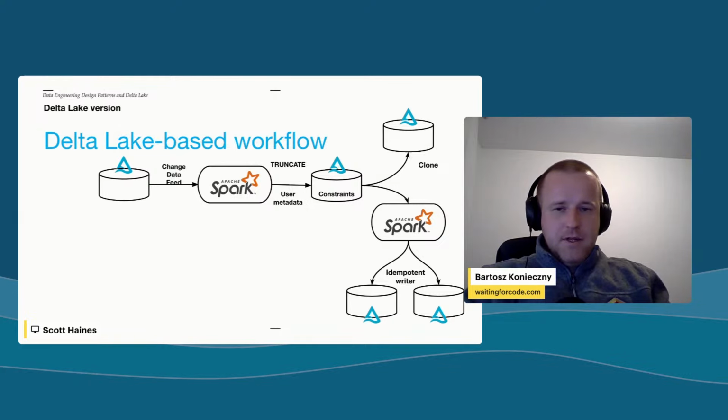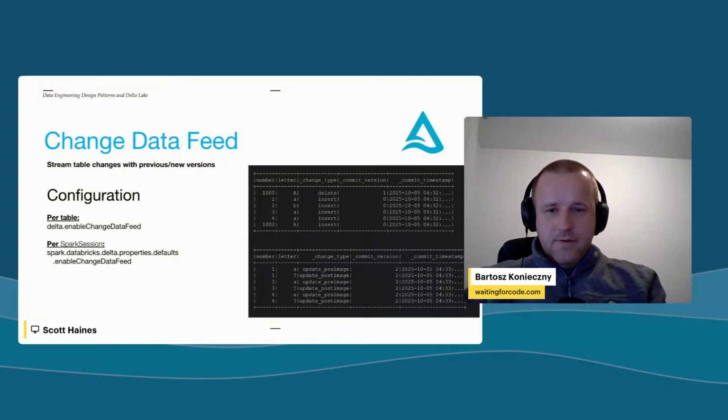For the metadata decorator, we are going to use the user metadata feature. For the constraints enforcer, the constraints on Delta Lake tables, and finally clone for the pass-through replicator, and idempotent writer for the parallel split.